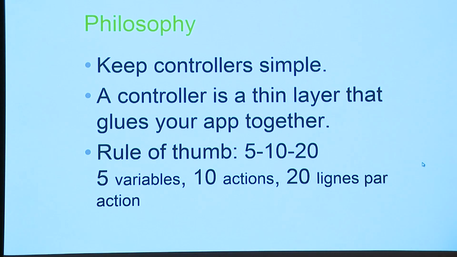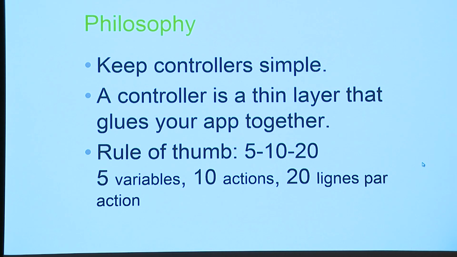For controllers, the rule is the same. So the first rule is that a controller should not contain any business logic. So make it really a thin layer. So keep controllers simple. Move everything that is business logic into dedicated files.